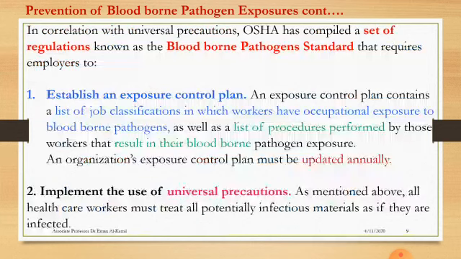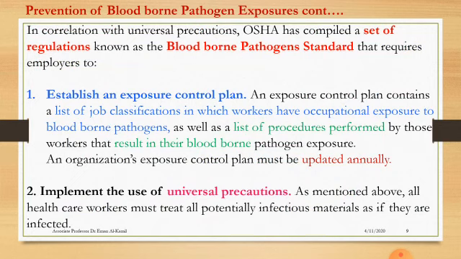In correlation with the Universal Precautions, OSHA has compiled a set of regulations known as Bloodborne Pathogen Standards that requires employers to take certain precautions for the prevention of bloodborne pathogens, such as establishing an exposure control plan.